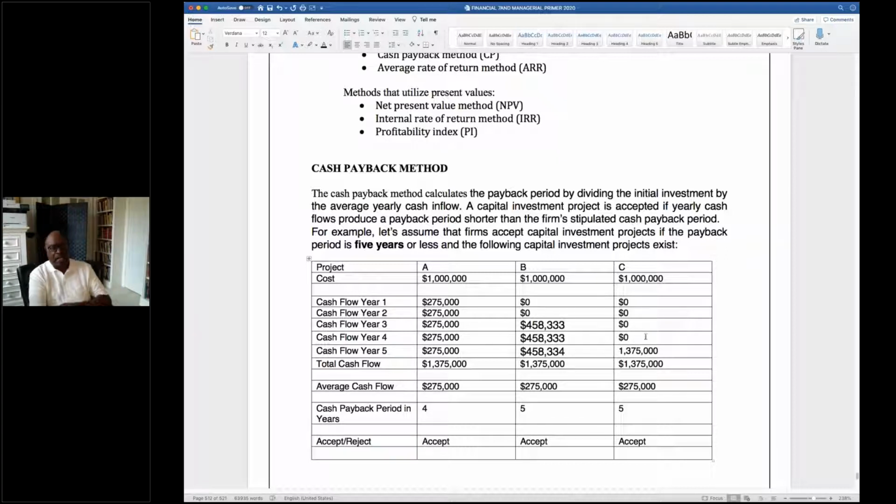So if you're using the cash payback method, since they all pay back in 5 years, you would accept all of these. We will go with these investments because they meet our criteria of returning our costs in 5 years. Any questions?